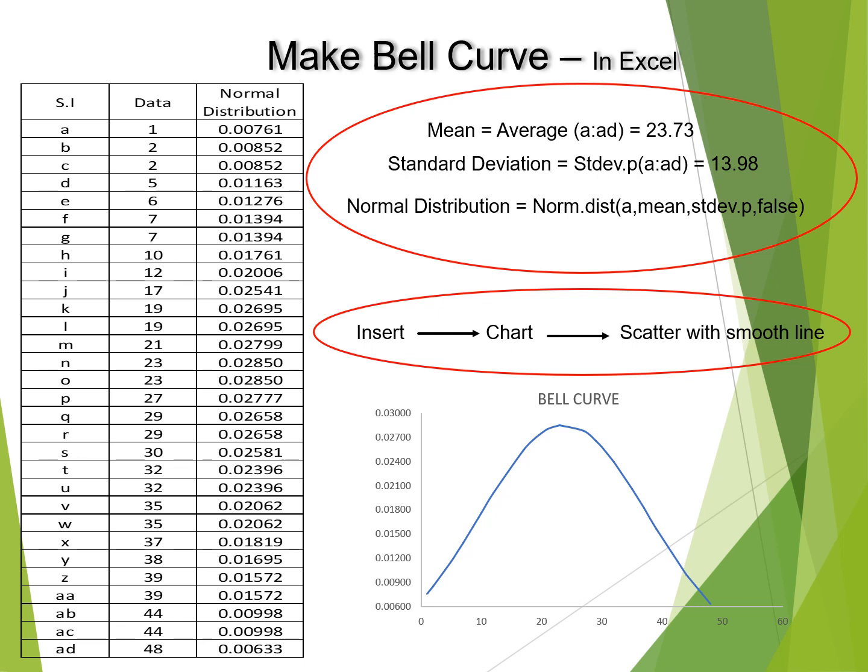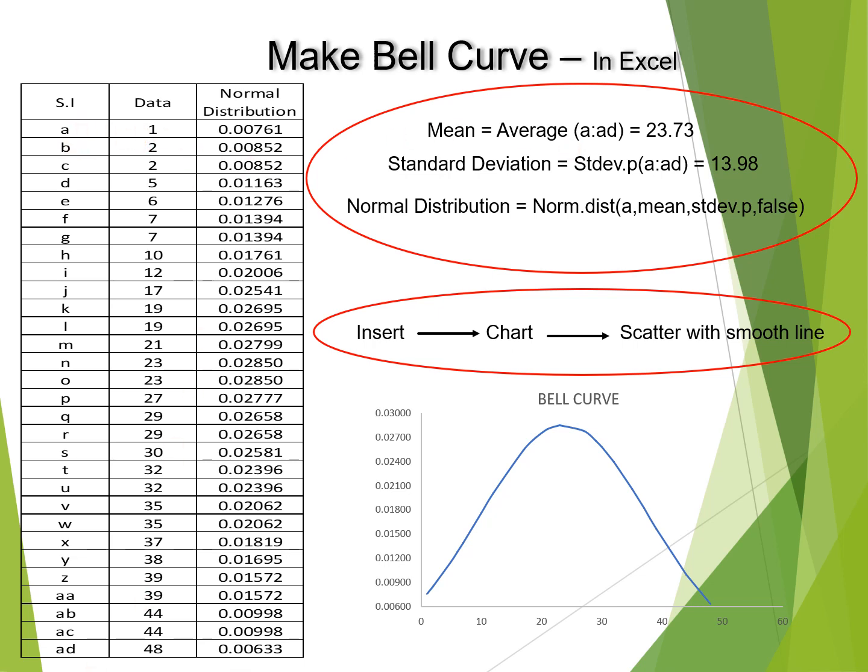Now let us learn how to make a bell curve in Excel. For example, this is our data: 1, 2, 2, 5, 6, 6, and so on up to 48. First, we take the mean, the average of A to AD.